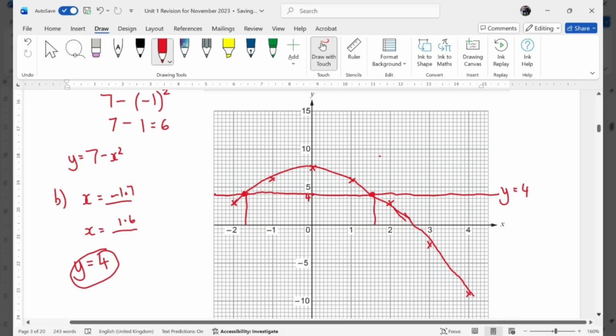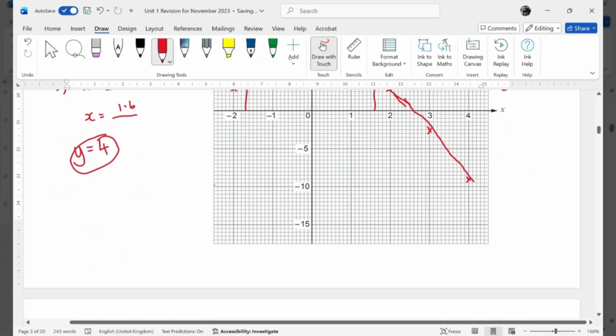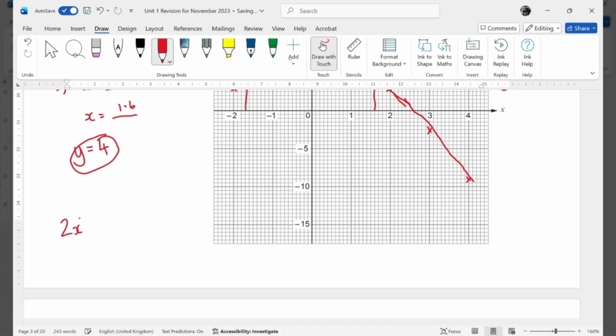The other thing I was going to mention there, because it's so important, this sort of stuff is easier, right? We've got to get these marks. Is if we were substituting into something like this. If I substituted in, for example, minus 3 in here. This has nothing to do with this question.